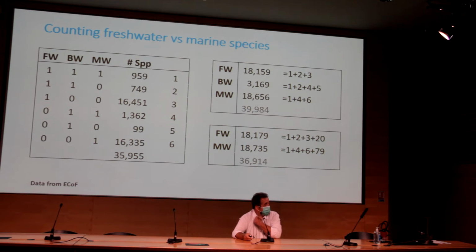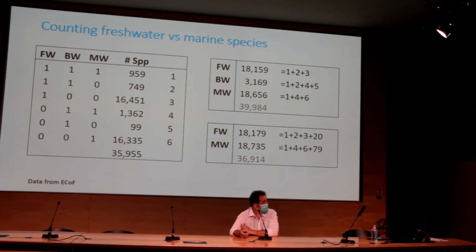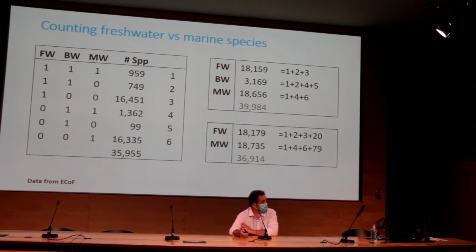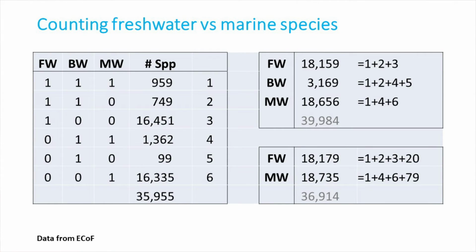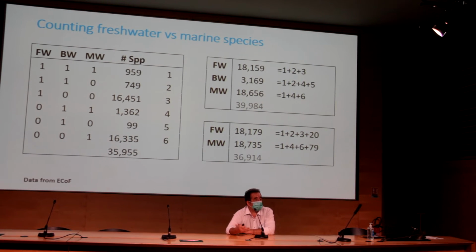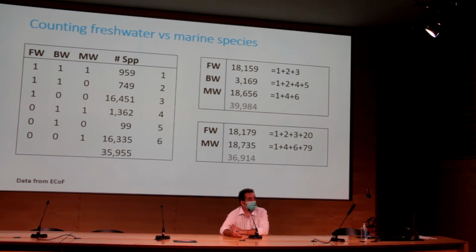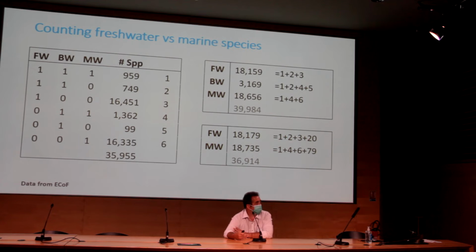Here I counted the number of species by milieu from a catalog of fishes. You see that there are 960 species that are diadromous, 16,000 species that are only in fresh waters, and 16,000 that are only in marine waters. If you count the freshwater species as only in freshwater, there are more freshwater species described than only marine species described.